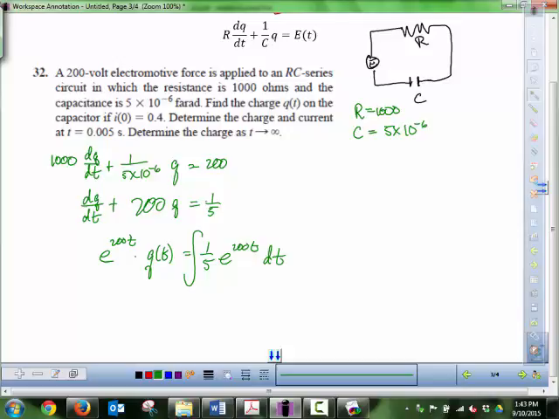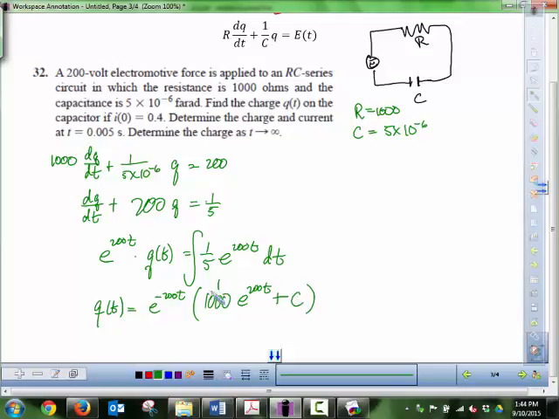So that's what happens. All right, so q of t is equal to, I'm going to bring this over to the other side already, e to the negative 200t, because I have to multiply by the reciprocal or divide by it. And then here, when I integrate this, what would I get? 1 over 1,000 e to the 200t plus that constant.